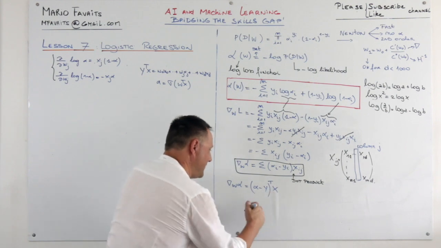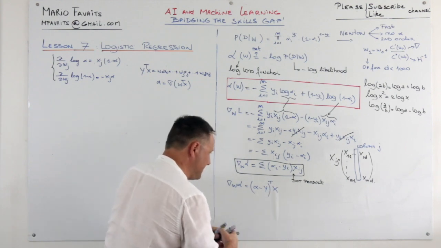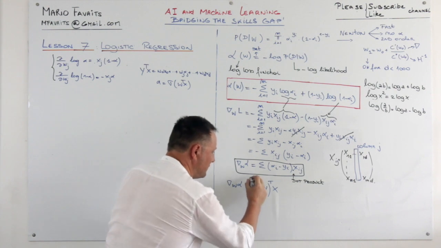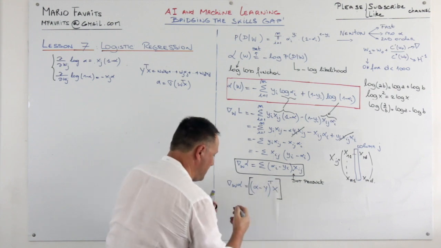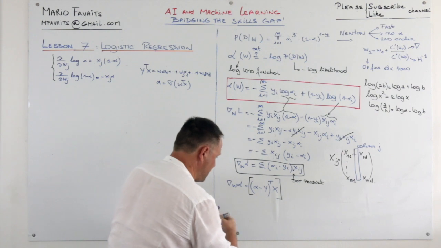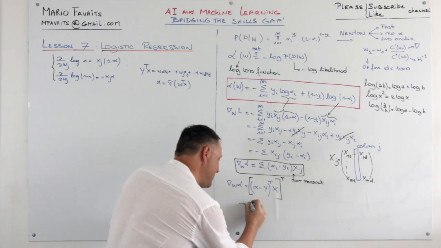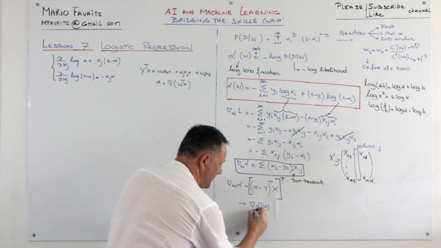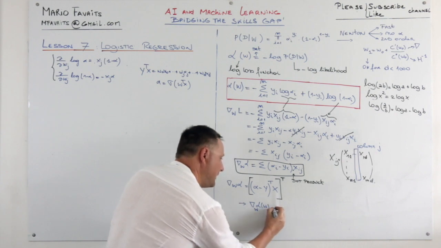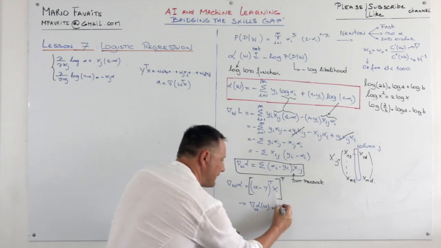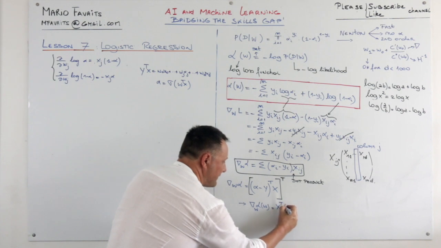So we're gonna transpose this once again, which we can do, and it's just making from rows columns. So we're gonna transpose it one more time. And then we have that the gradient of this L with respect to w equals x transpose times alpha minus y.